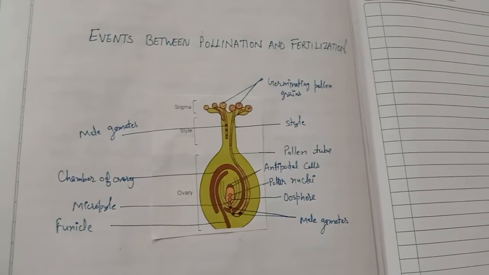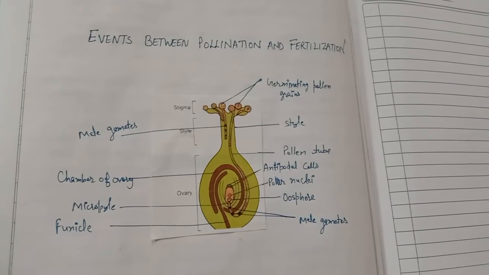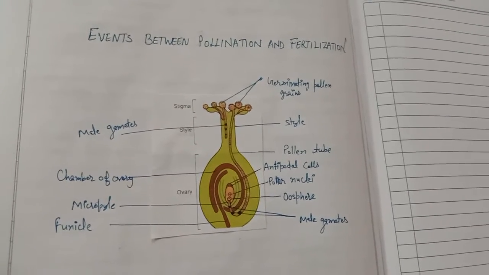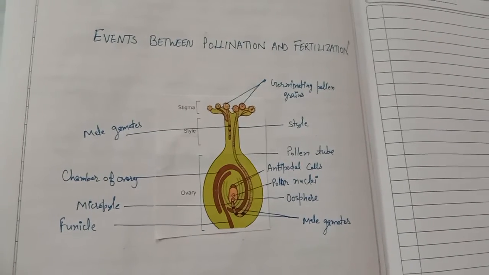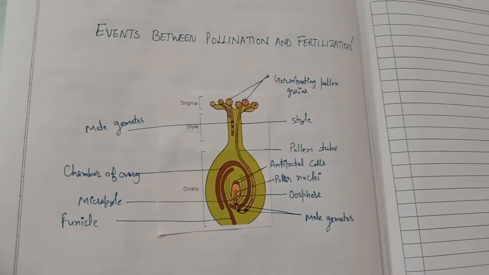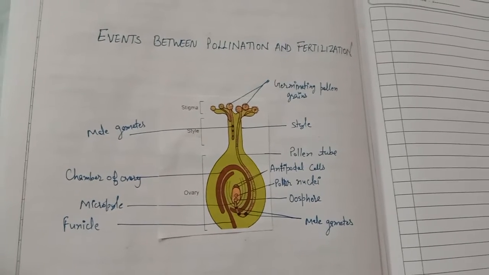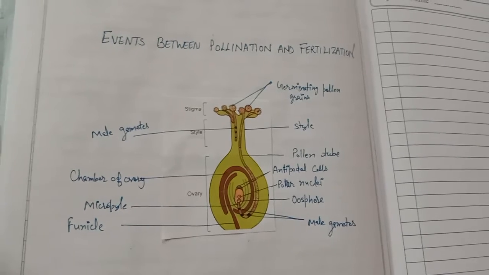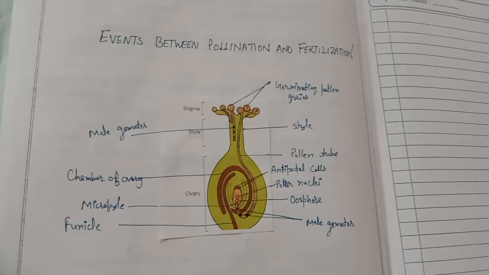There are two male gametes, out of which one is fused with the egg cell, that is the generative fertilization, but the other male gamete is fused with the polar nuclei and forms the triple nucleated cell. Then the triploid primary endosperm nucleus is formed. The cell grows to form nutritive tissue called endosperm for feeding the growing embryo.